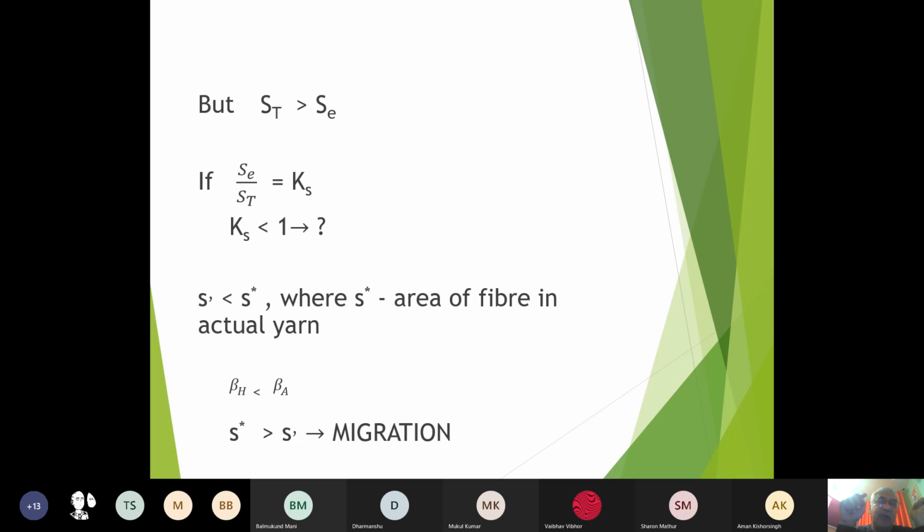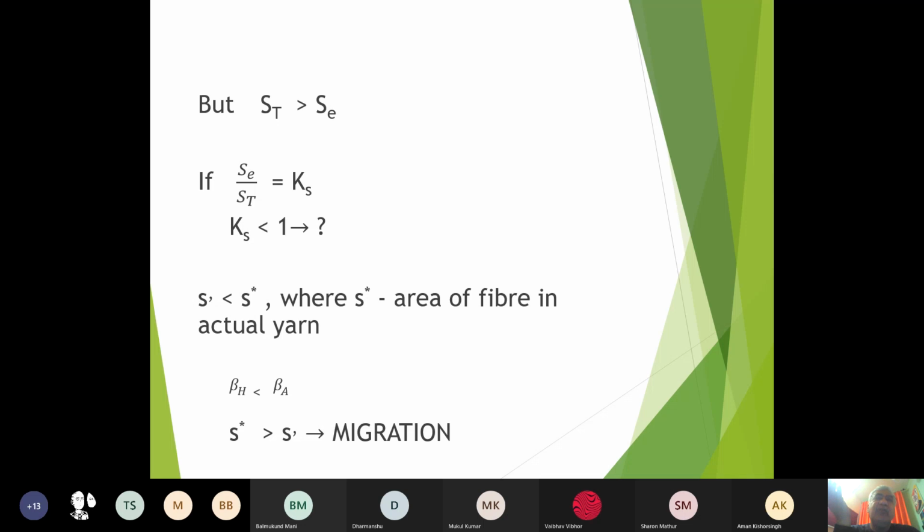The moment the fibers are inclined, your NE will reduce because the fibers are inclined, but the area of the individual fiber is increasing. So the total area, SE, will depend on how many fibers are in the yarn cross section, and at the same time how the area of the individual fiber has changed due to this inclination. These two factors work together to decide SE.